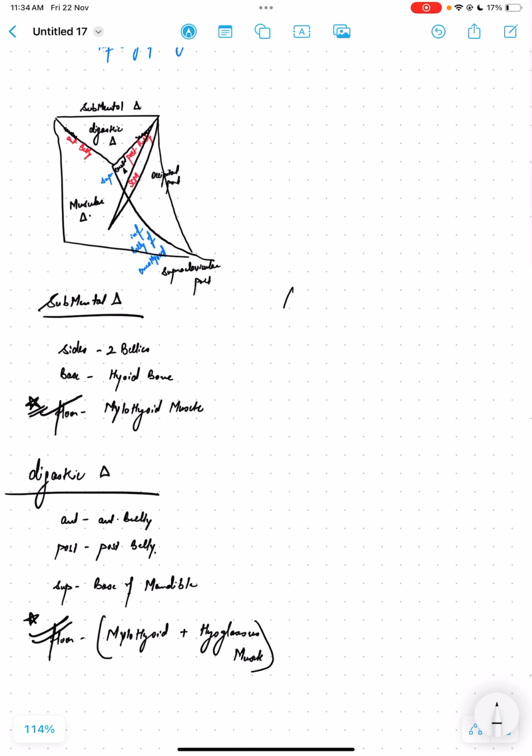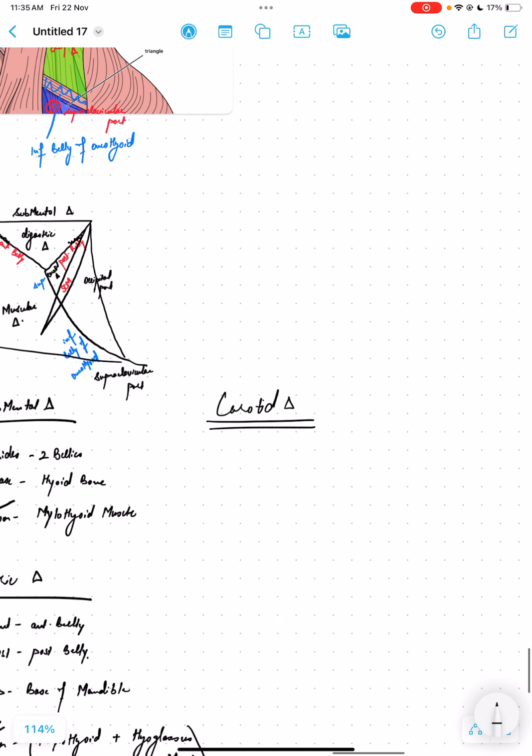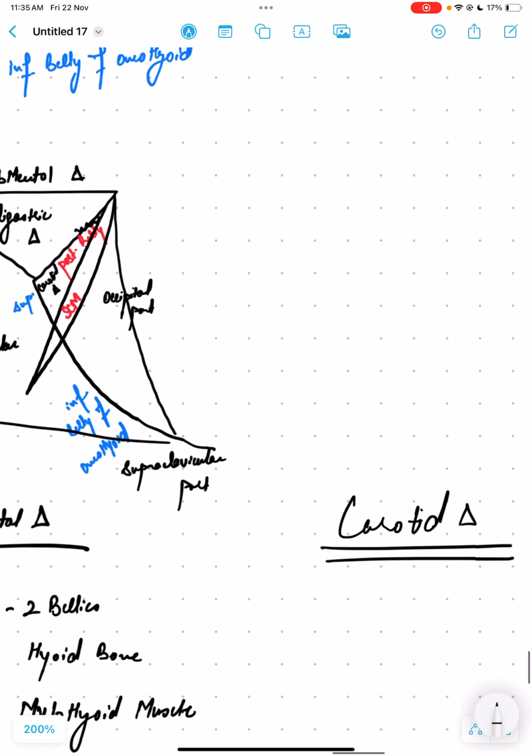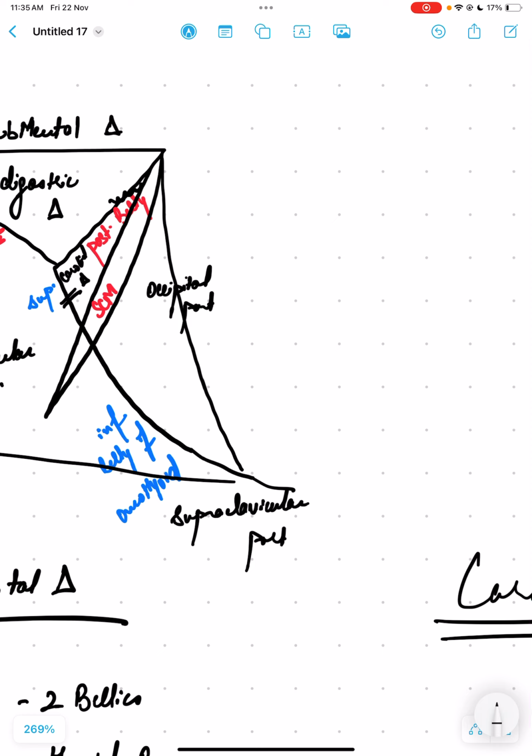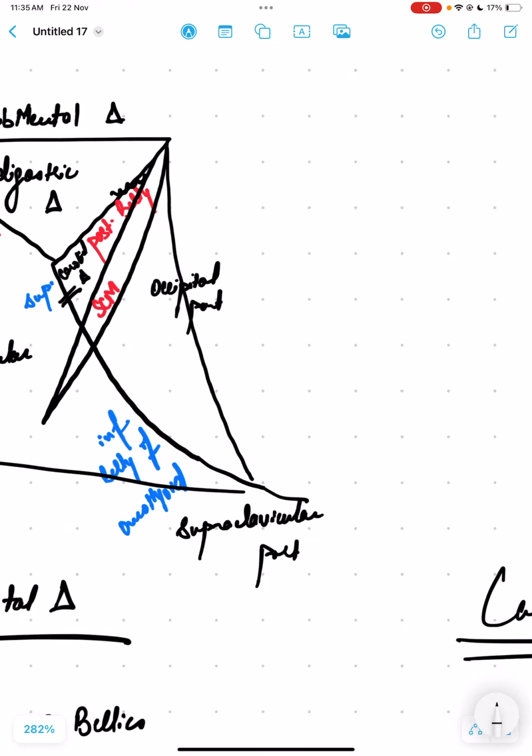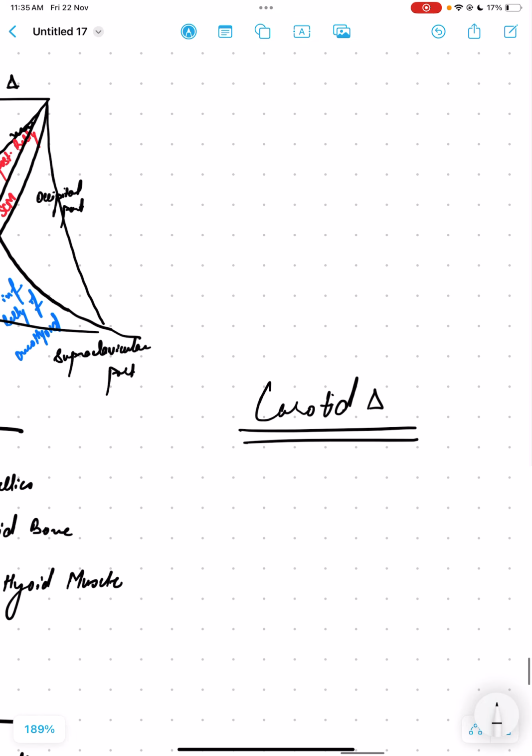Next we will study the carotid triangle. As you can see, this is the carotid triangle. Look at this, I will draw a simpler version of the diagram for you.